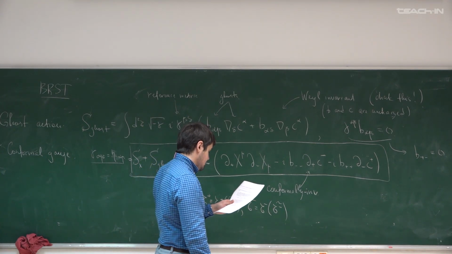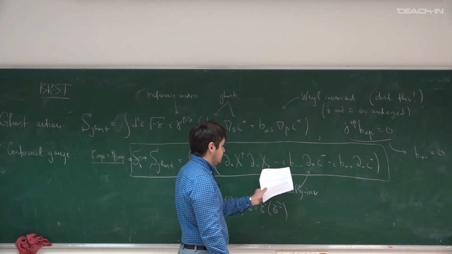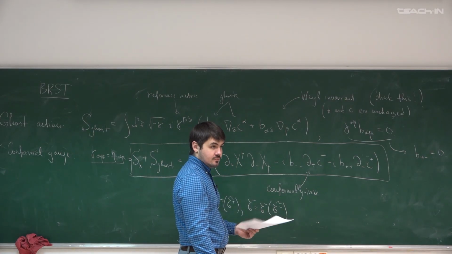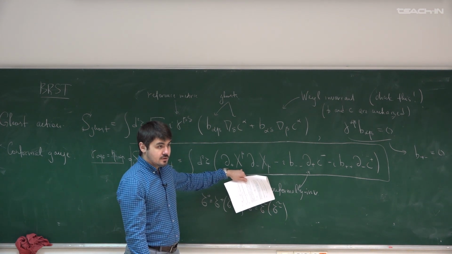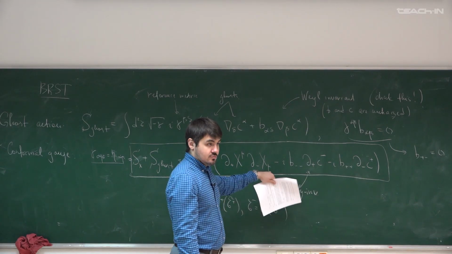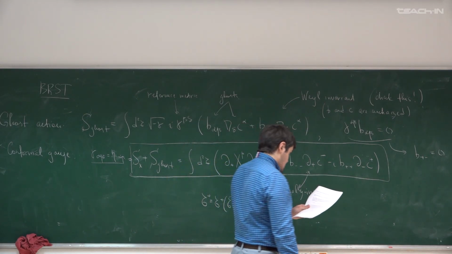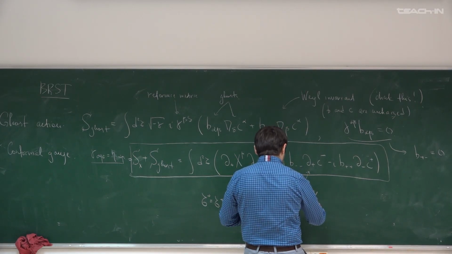To cancel against something, we will assign certain transformation properties to the B and C fields. For example, here the X's were transformed trivially under conformal transformations. Here it cannot be the case, because otherwise you don't get invariance. So the transformation properties will be as follows.